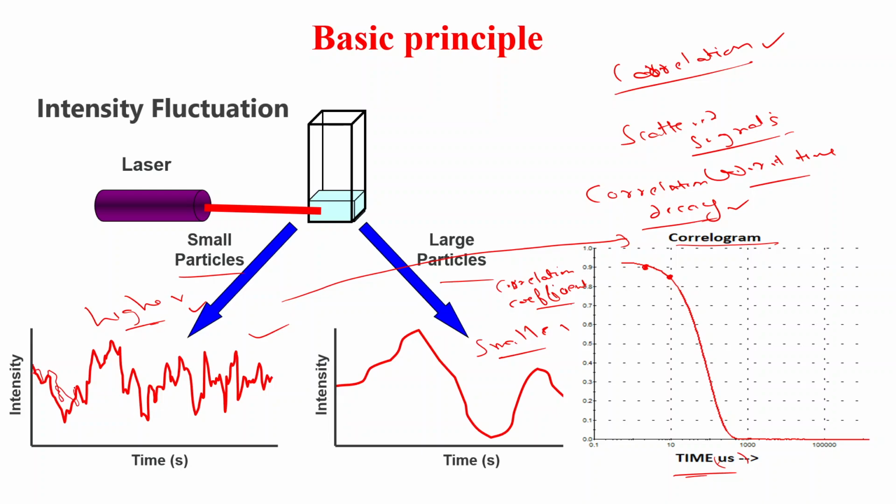So we can say that the correlation is decreasing, and after some time there will be no correlation at all, as shown here. At this point of time in microseconds, there is no correlation between the scattered signals, and from this graph we will be able to determine the diffusion coefficient.